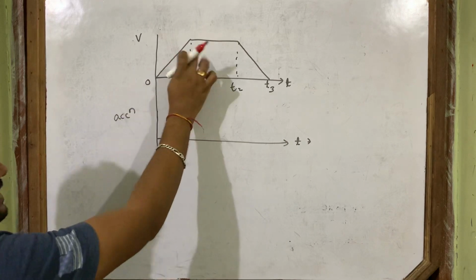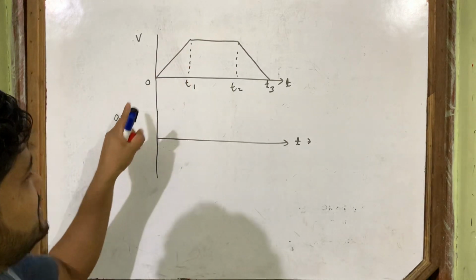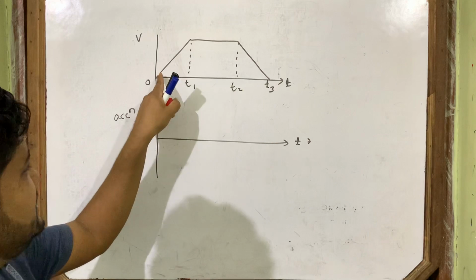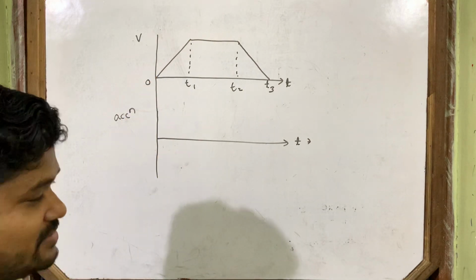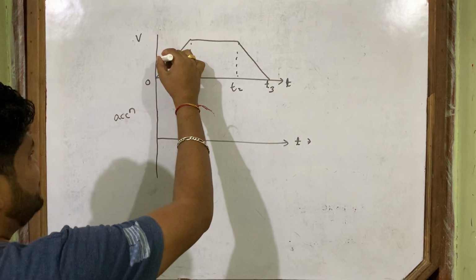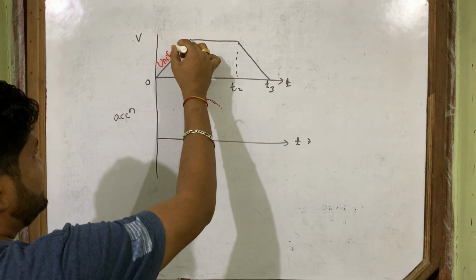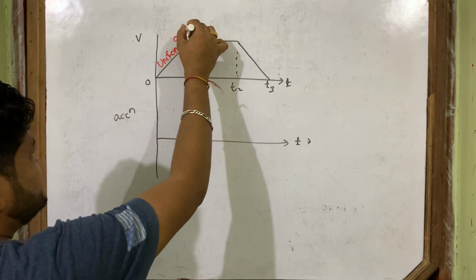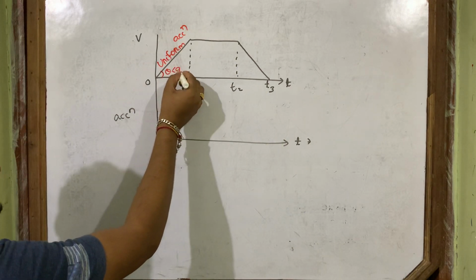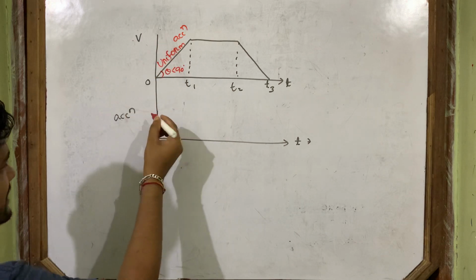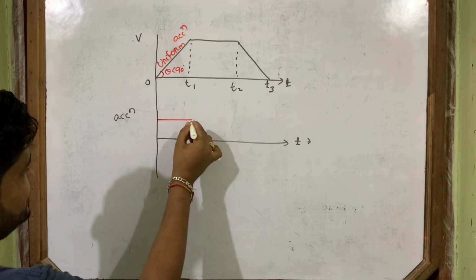Acceleration is the slope of this graph. So this is a straight line. Its slope is constant. So this part is uniform acceleration, and it is positive acceleration. Theta is less than 90, so it is positive acceleration. So acceleration is constant up to T1.